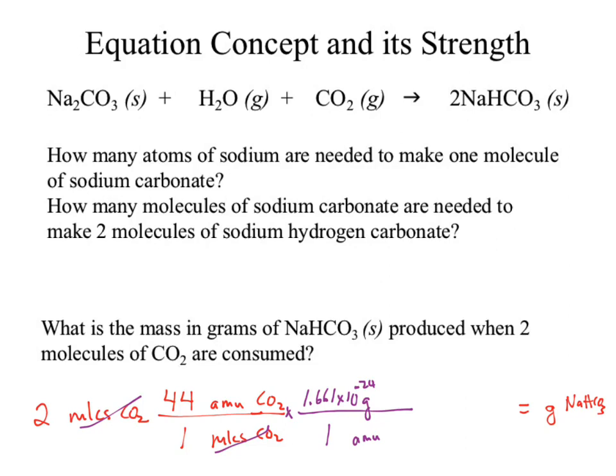We're multiplying it by 2 and 44, that's 88 times 1.66. Maybe we hit 100 there, so we can drop one of those off, and our ballpark power of 10 is going to be 10 to the negative 23. Because 100 times 10 to the negative 24 is going to be 10 to the negative 22. Okay?